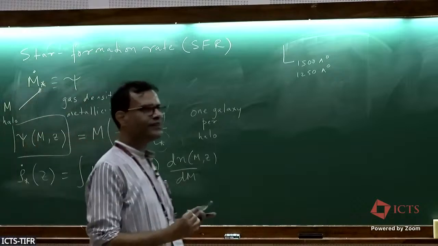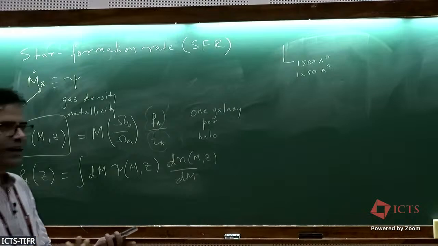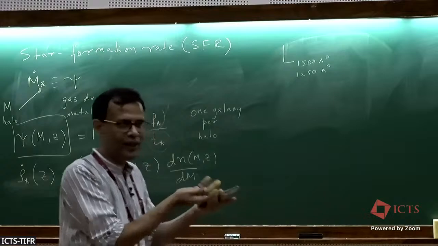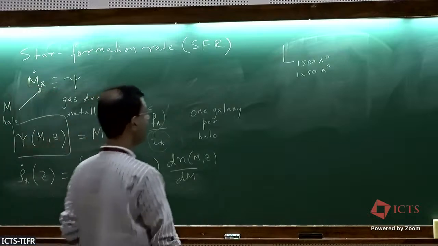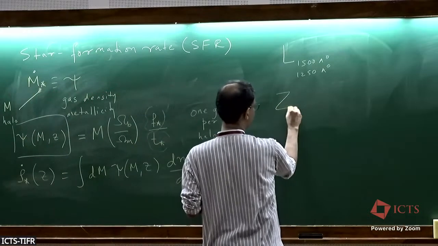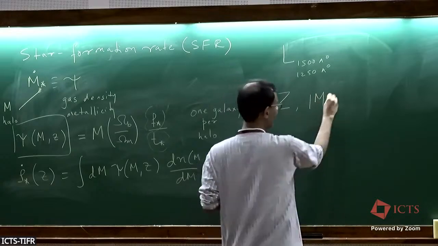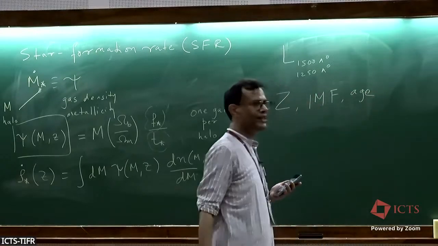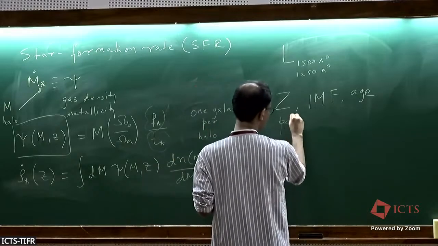And that luminosity of a galaxy is the luminosity of each star convolved with the mass function of the stars, not the halos. I mean, how many stars of each mass you have formed. Now, this luminosity, if you specify the metallicity, IMF, age, all these quantities, there are calculations called population synthesis models.